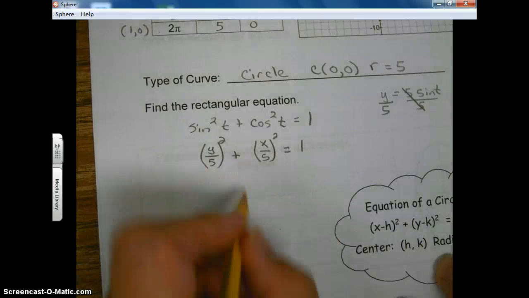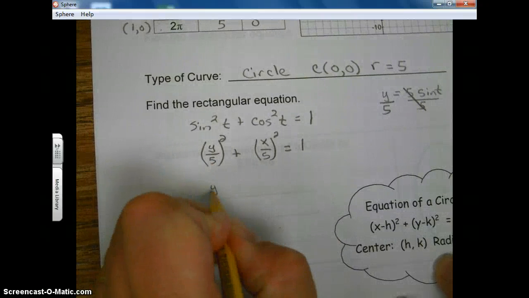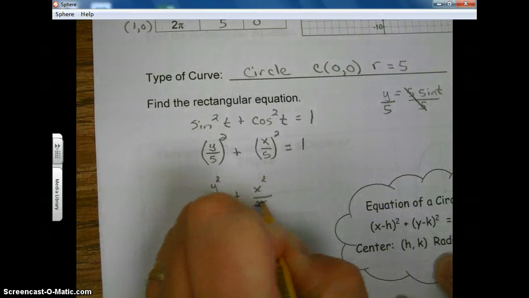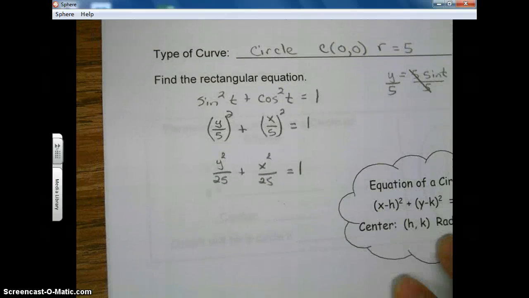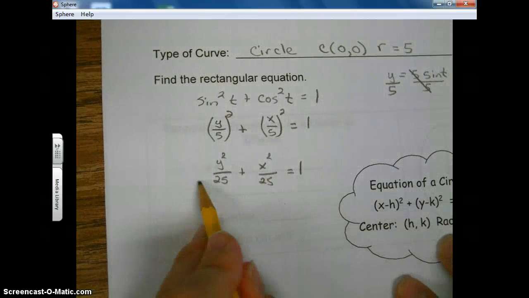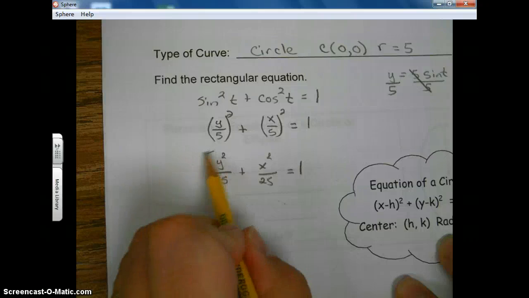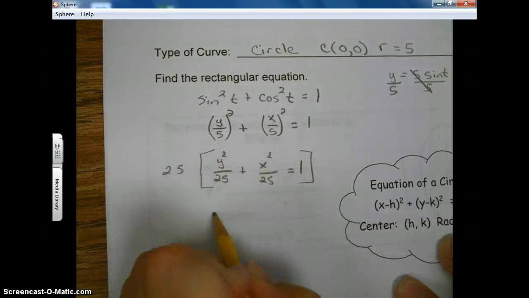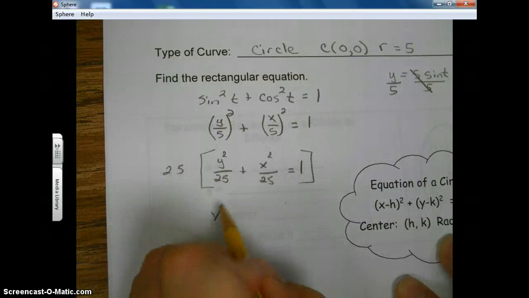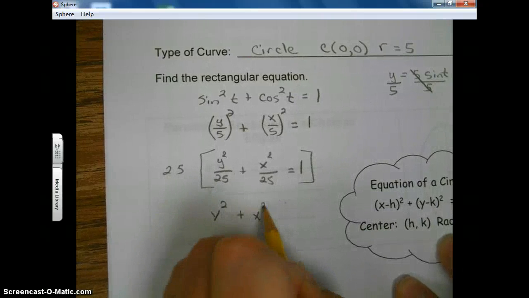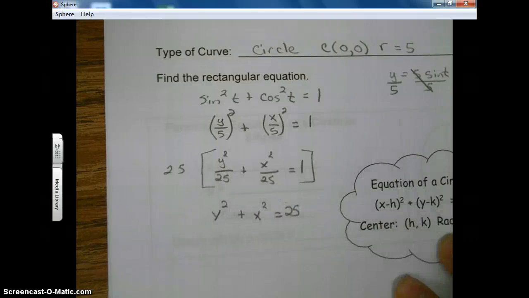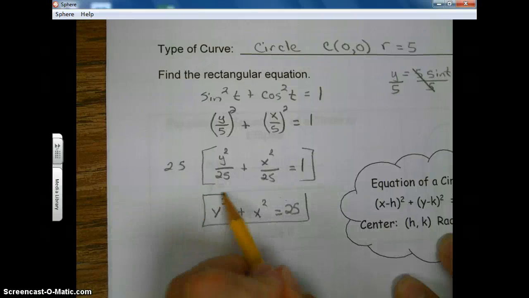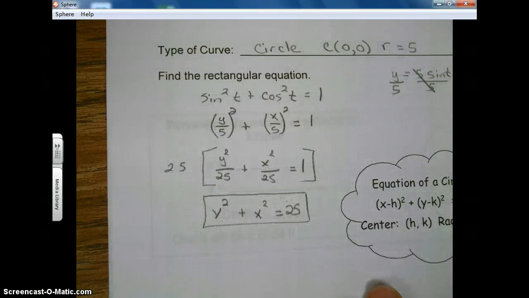Squaring both terms, we get y squared over 25 plus x squared over 25 equals 1. To get rid of the fraction, multiply the whole equation by 25, and we get y squared plus x squared equals 25. And that is our rectangular equation.